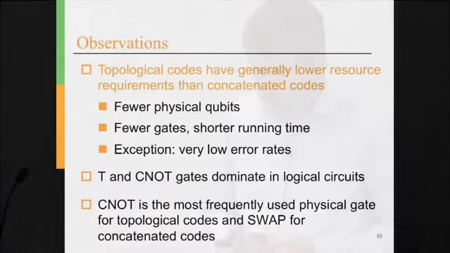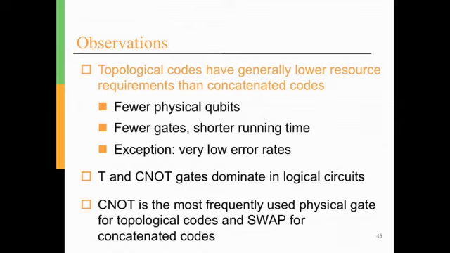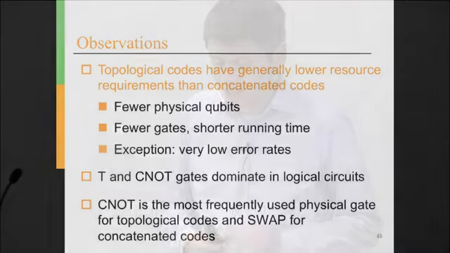So some key observations: the surface codes are better in most regimes unless we are dealing with very low error rates. T and C0 gates are the dominant gates for logical circuits.